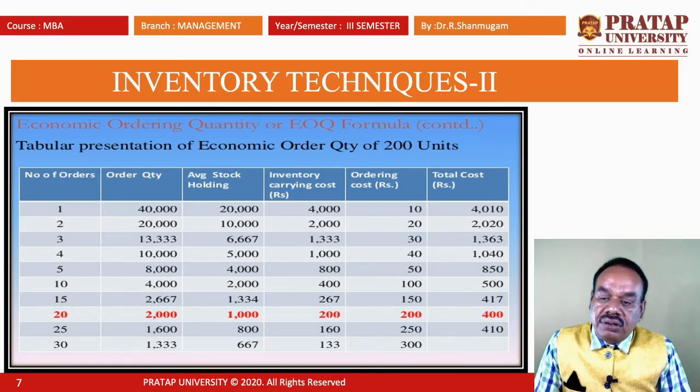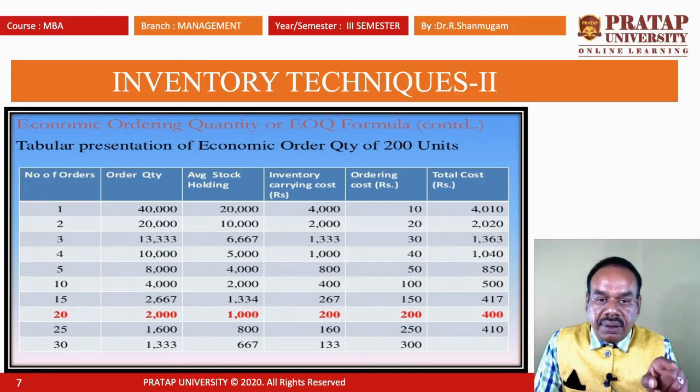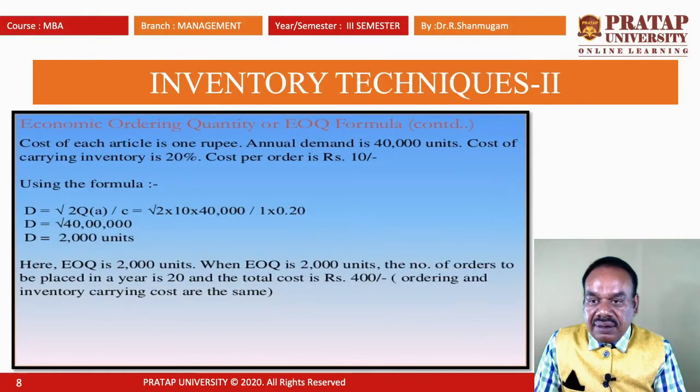When calculating for 200 units, the number of orders is 20, order quantity is 2000, average stock holding is 1000, inventory carrying cost is rupees 200, ordering cost is 200, total cost 400.